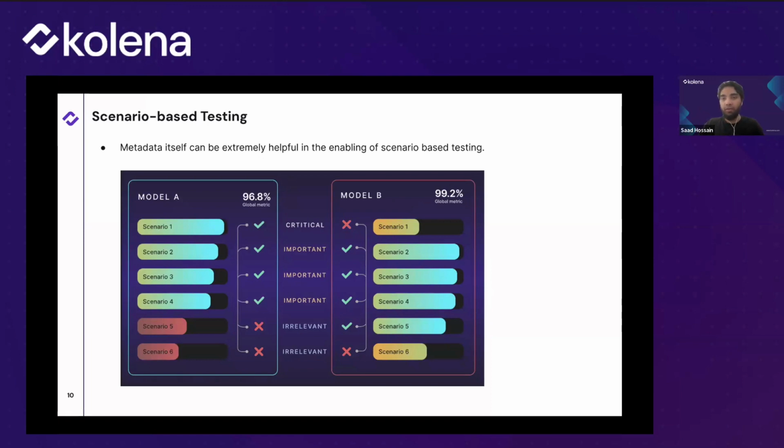For example, if you have an image, you'd like to know what type of image it is. Perhaps you could look at its color, you can look at its blurriness. You can look at a number of different characteristics, which may or may not be of critical importance based on how prevalent it is in your problem space, based on what risk is associated with it. Not all types of failures are as catastrophic, right?